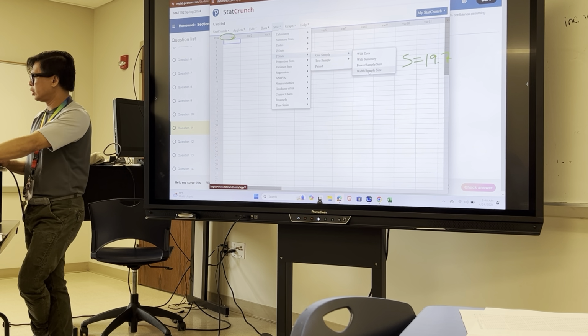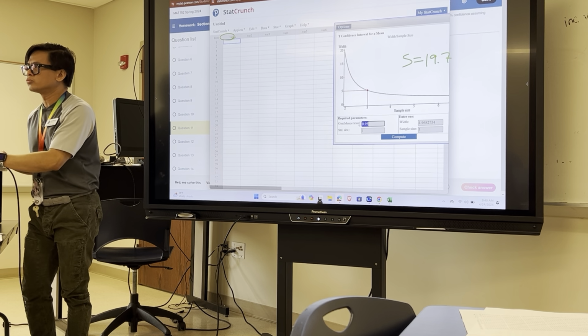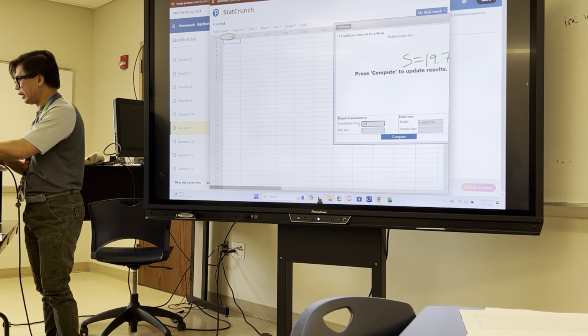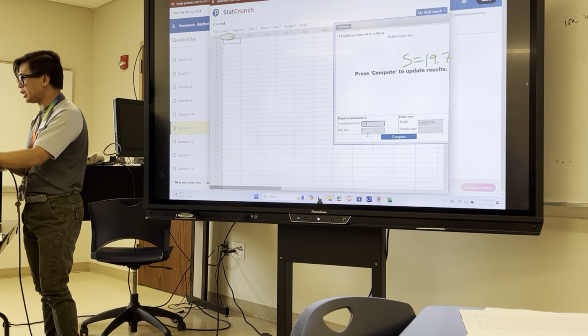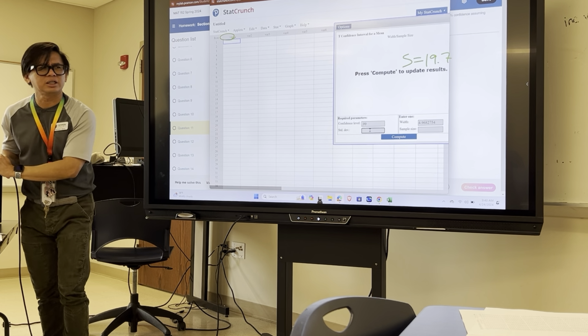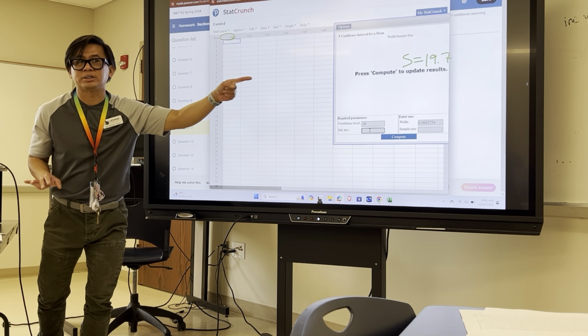Okay. So, if we click in here, what's the confidence interval that we need? 99%. So if I put 0.99, that's correct. It doesn't need the mean anyway, or the point estimate, right? And what's the standard deviation? This is the 19.7, right?